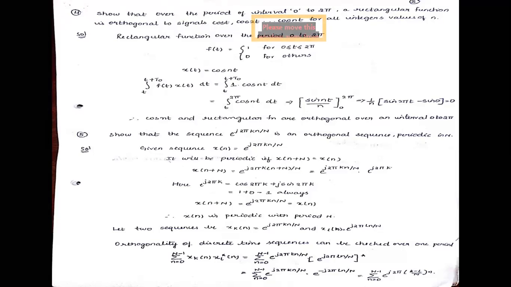For this, whatever numerator was there in the orthogonal function as an integral till now, here we use the summation because the given function is discrete. So instead of the integral, I use the summation, sum of n equal to 0 to N minus 1.